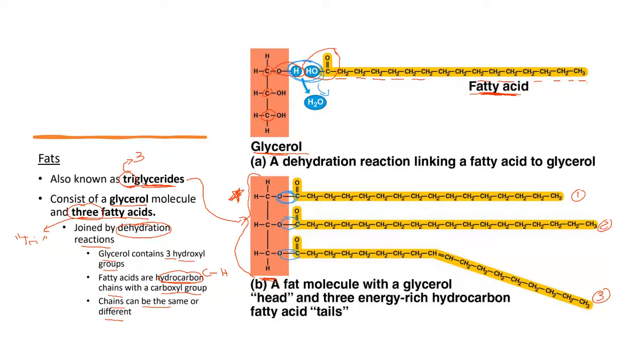Now let me just review really quick the fatty acids. Fatty acids, like we said, are made of hydrocarbons. And do all fatty acids have the same size? The answer is no. Look at number 1. Number 1 is going to be a fatty acid.